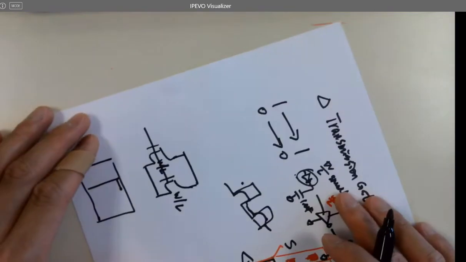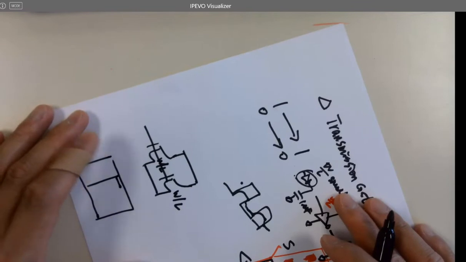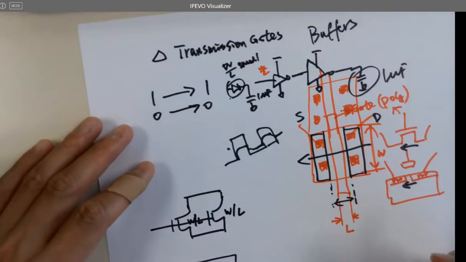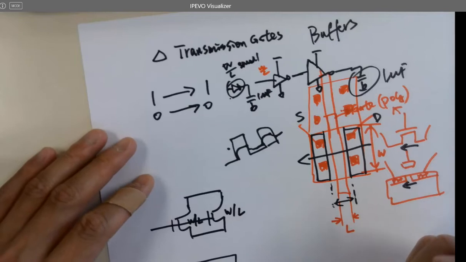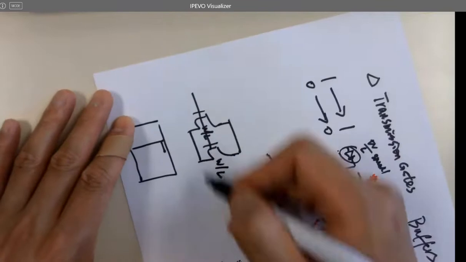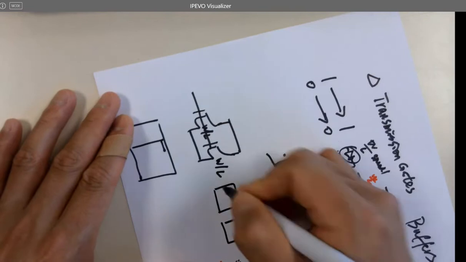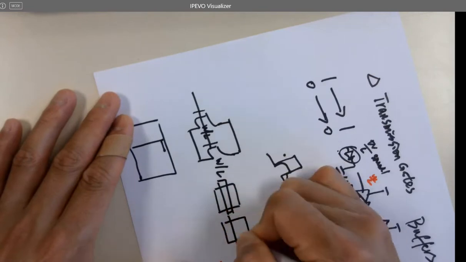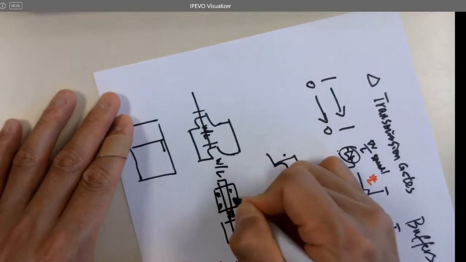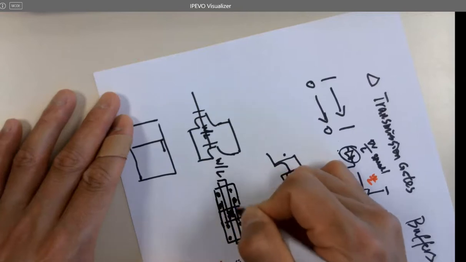Wait, something's wrong here. Wait, they are in parallel, right? So if you look at it this way, you have one here and one here, right? Here's a gate, here's a gate, and you short the gates together. These are the diffusion, N plus and VS, and you use the metal to short them together.